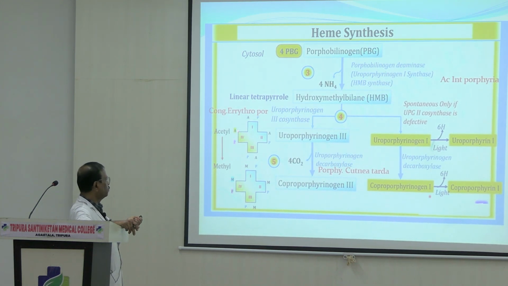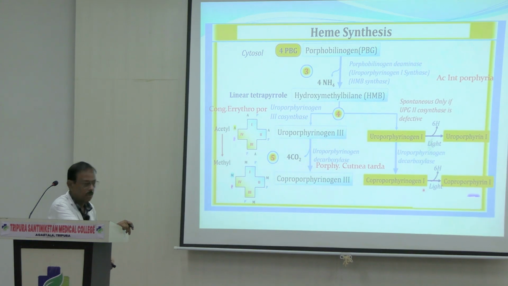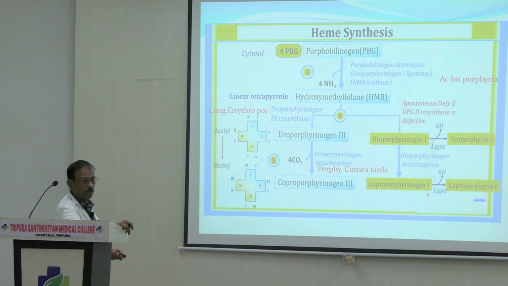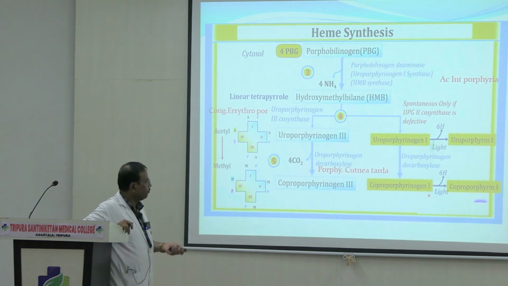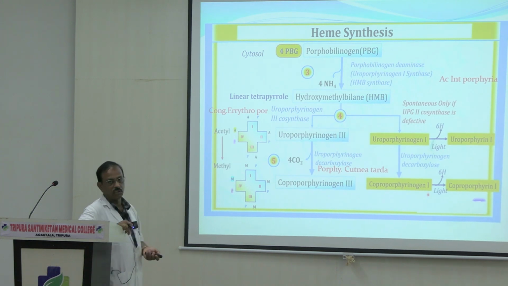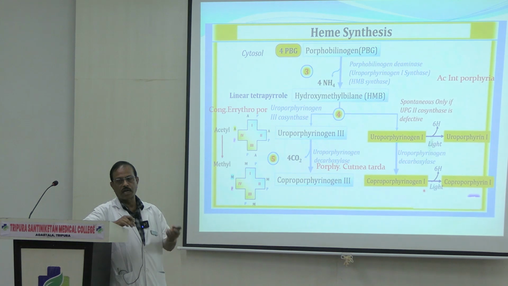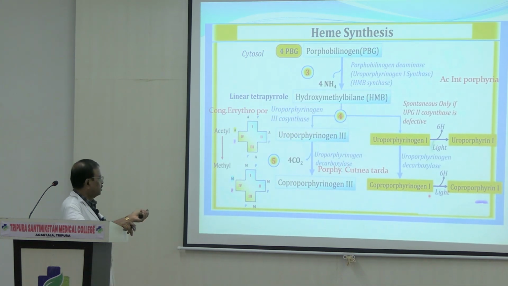The P is supposed to be here, A is supposed to be here, but because of this type 3 porphyrinogen, at the 7th position comes propionate and at the 8th position comes acetyl. Why? Because it is only the type 3 which is physiologically important. It can take part in the synthesis of heme. That's why it is necessary.